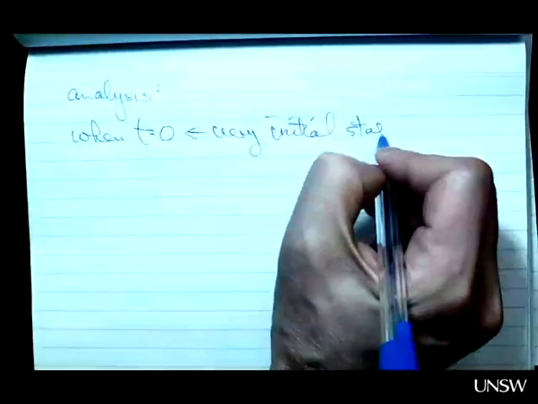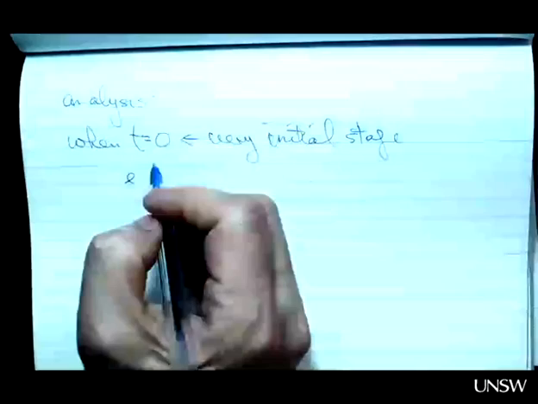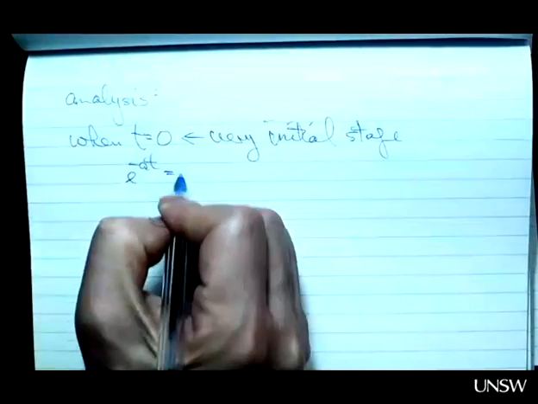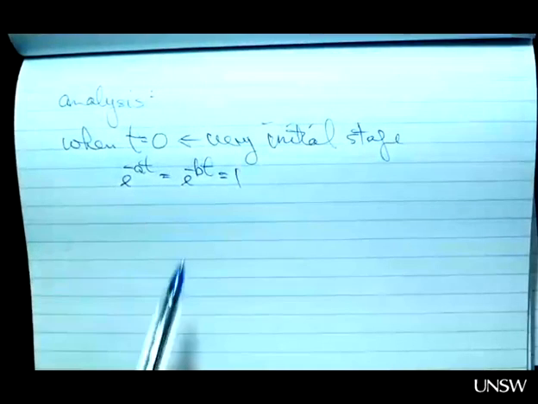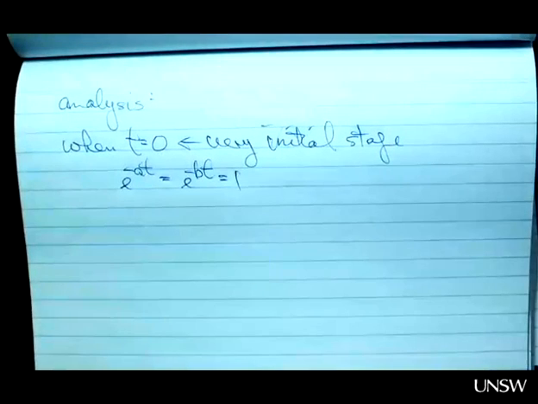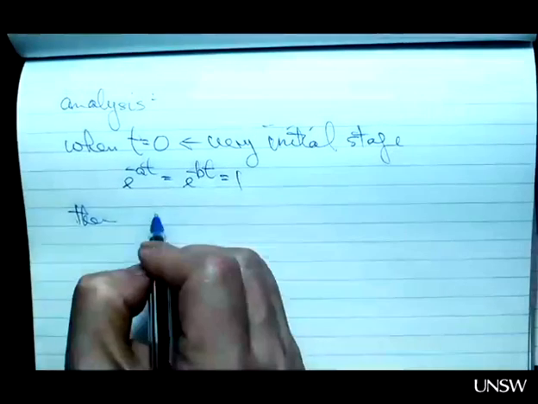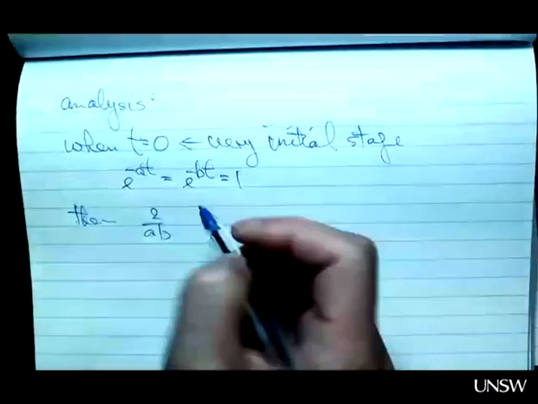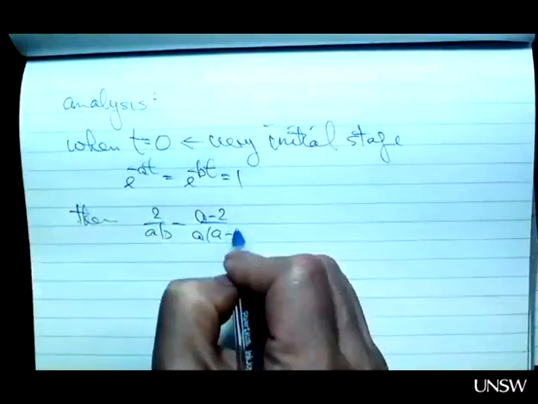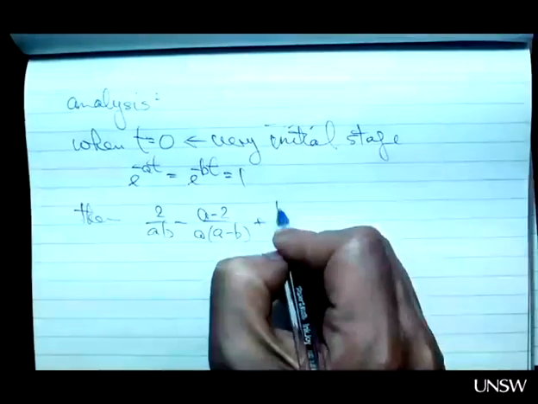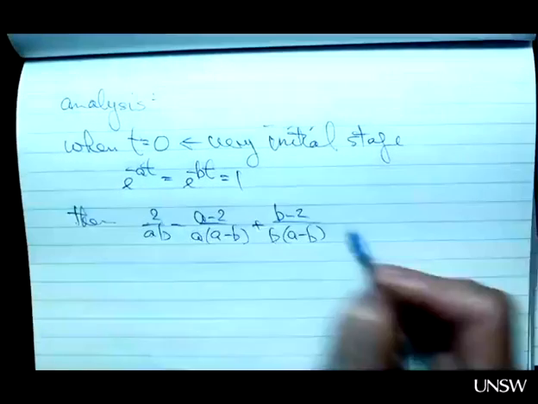So of course, at this stage, equals a minus b, t equals 1, because exponential 0 is 1. Then the transition matrix is, and then the second element is 0.